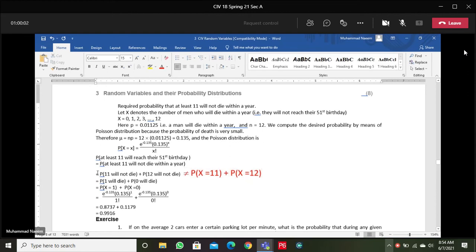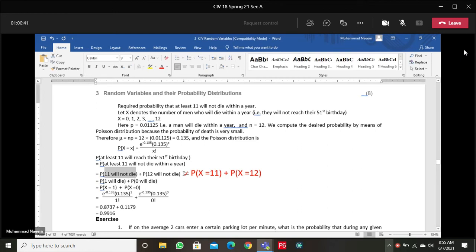Remember, this is not equal to the probability for X equal to 11, and the probability for X equal to 12 is not equal to this, because this is the probability that 11 will not die, but our variable shows the people who will die. This is a contradiction. This can never be the value of X equal to 11.